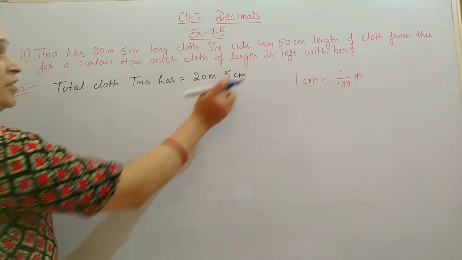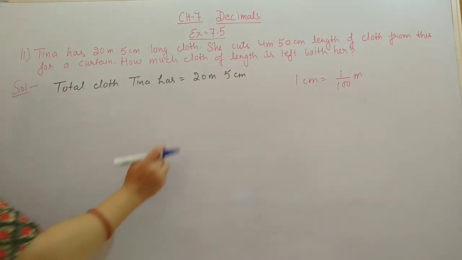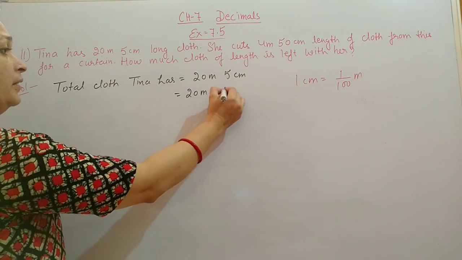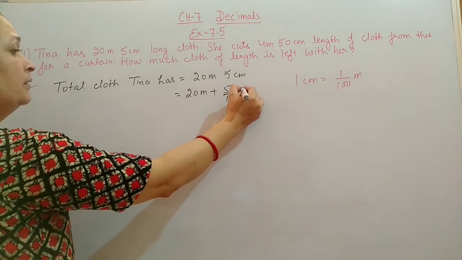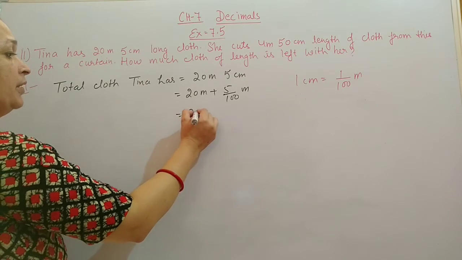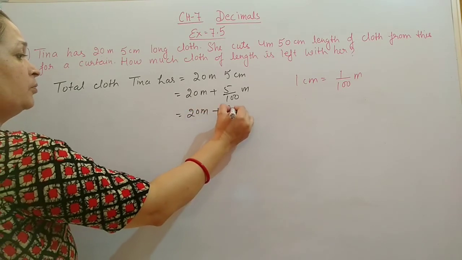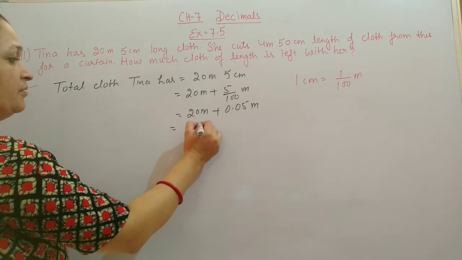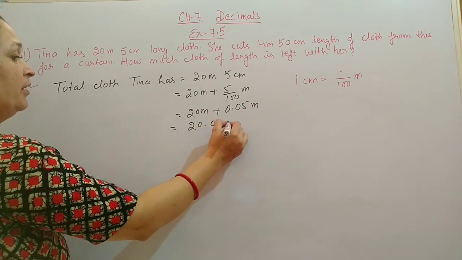So we will change this 5 centimeter also into meter. To change centimeter into meter, we have to divide by 100. It will become 20 meter plus 0.05 meter, which we can write as 20.05 meter.